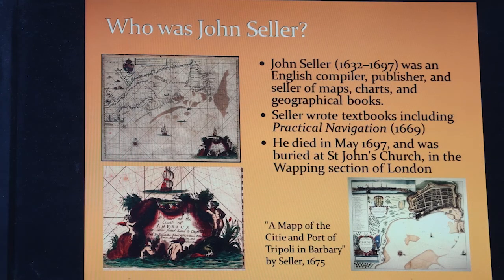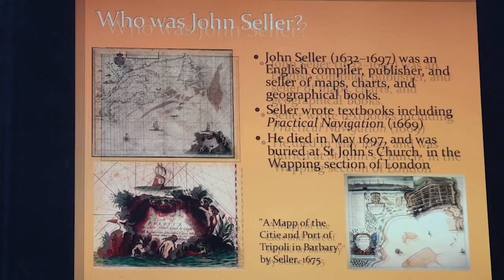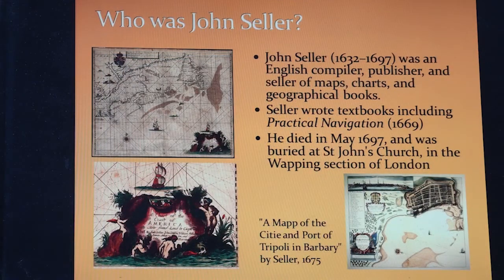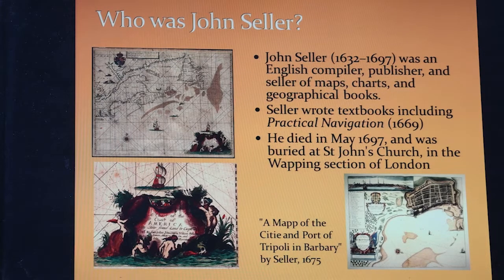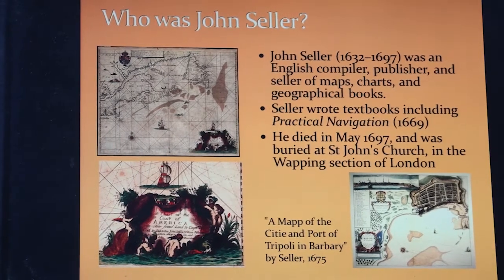He wrote many textbooks, including Practical Navigation in 1669, and included many charts, such as the chart of the Nova Scotia coast in the upper left, and here a map of the city and port of Tripoli in Barbary, also published in 1675. Seller died in May of 1697, and is buried at the St. John's Church in the Wapping section of London.